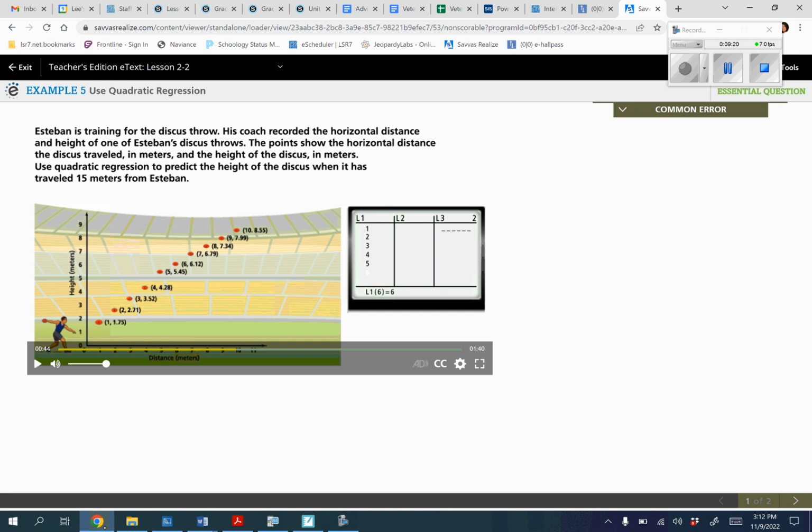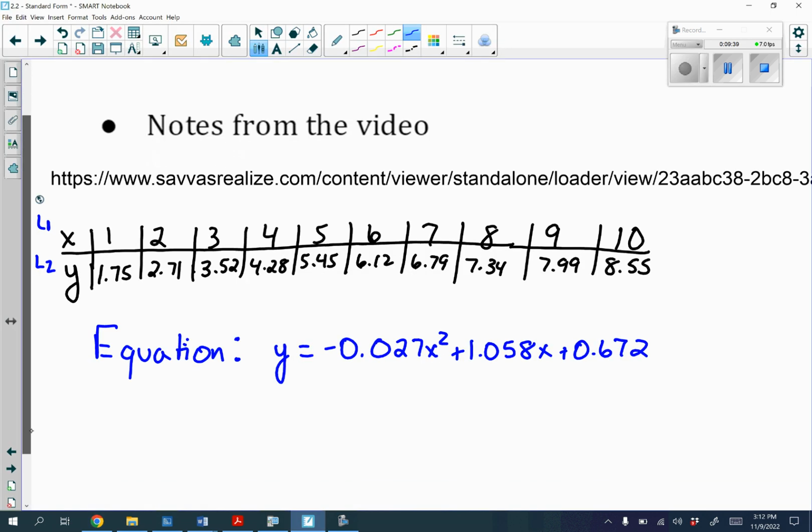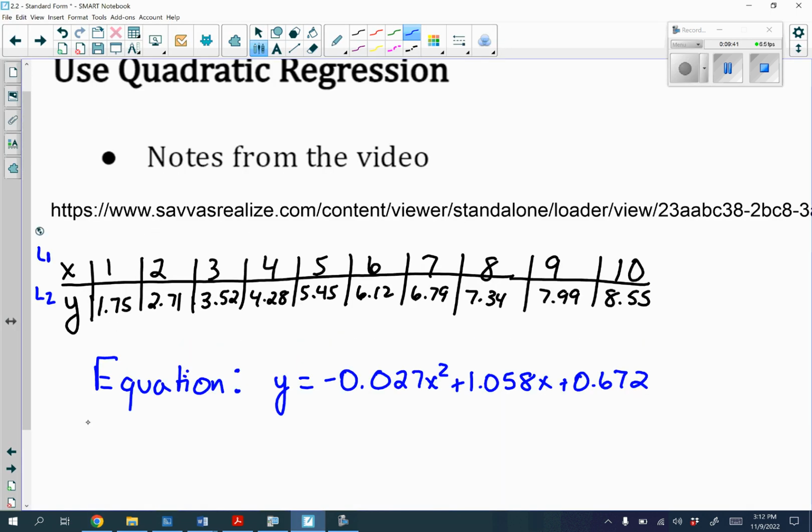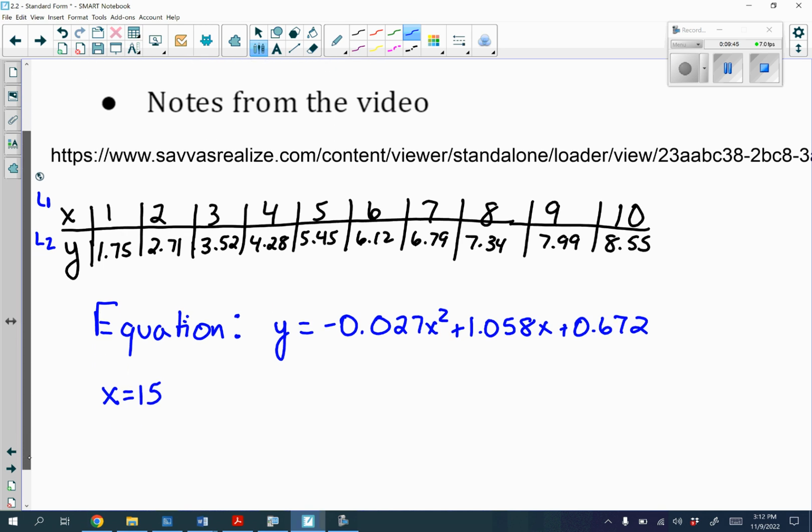Well, if it traveled 15 meters from Esteban, remember, we have distance as our X value. So we're going to take this number 15 and plug it in for X in our function to get our Y value. So our X is equal to 15. Let's plug that into our regression.